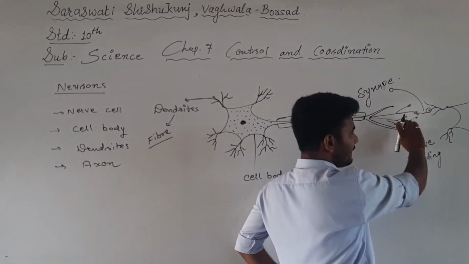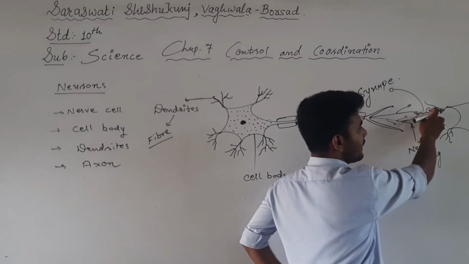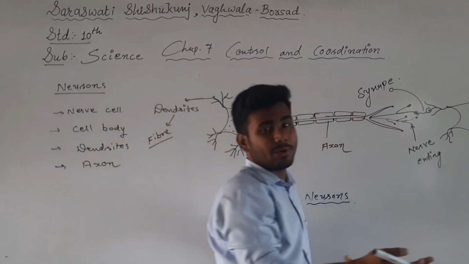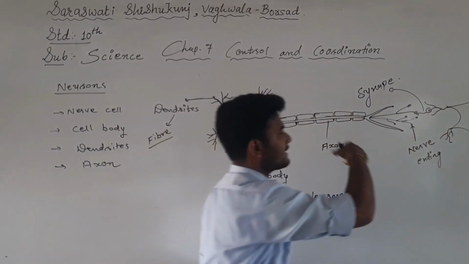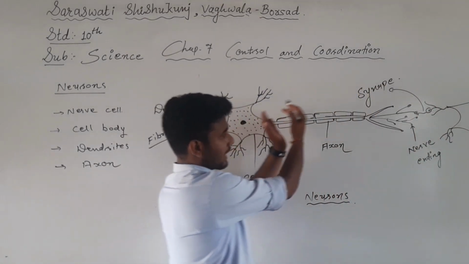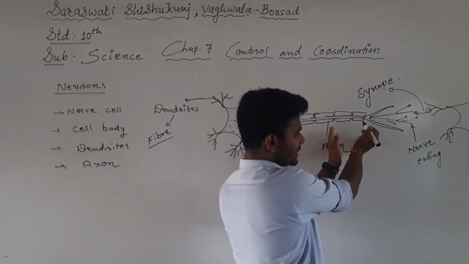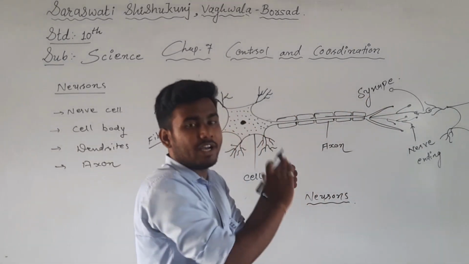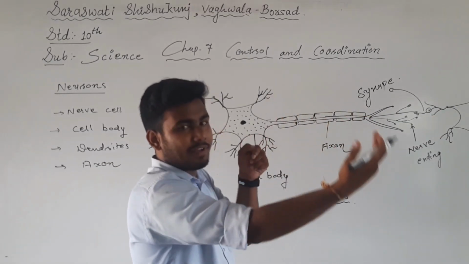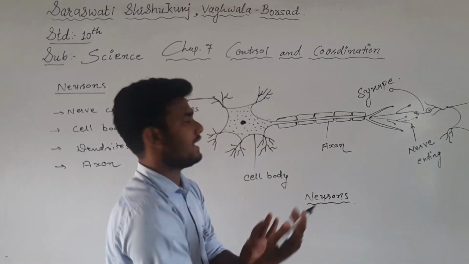When the signal enters the dendrites, it is converted again into an electrical impulse, and passes to the next cell body, then to the axon. At the end of the axon, at the nerve ending, in the synapse it is converted into chemical, and when it enters the new cell, it becomes an electrical impulse again.